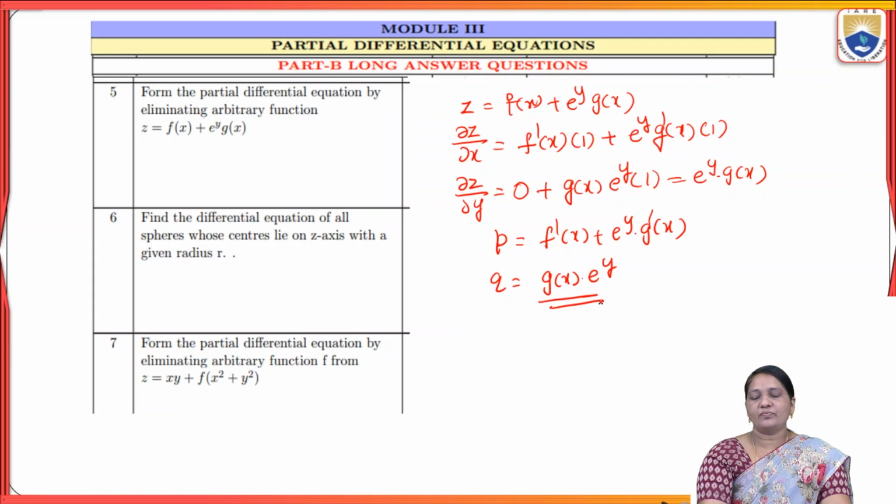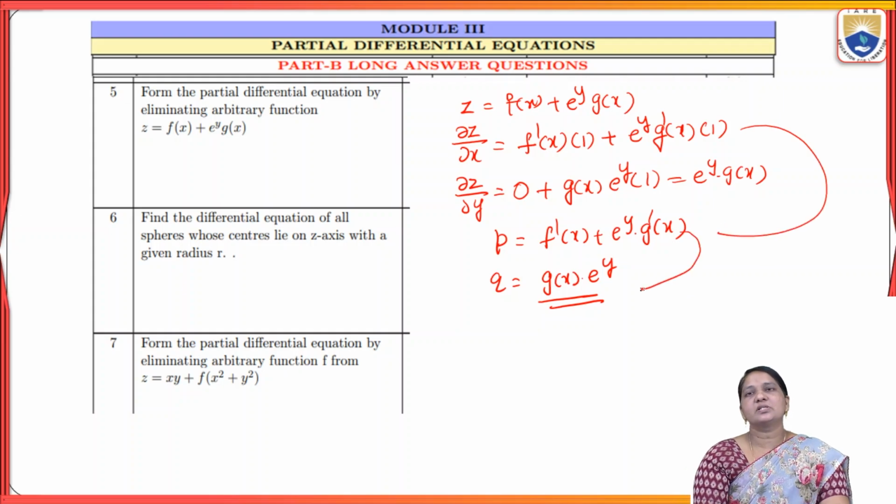So in place of g of x into e power y I can replace the value to get the PDE form. Okay. So here we have to do one more step by using these two equations. Otherwise the first derivative equations we are not getting the PDE form. So that's why we need to do one more time partial differentiation with respect to x or with respect to y.